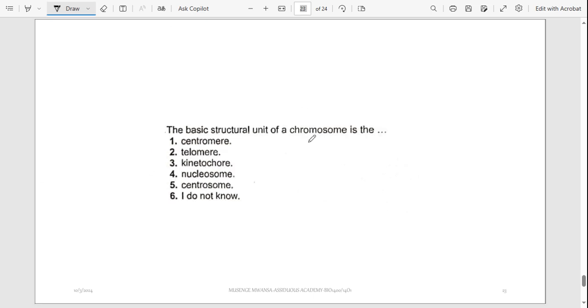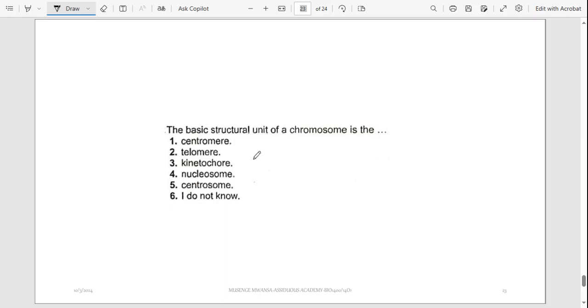The basic structural unit of a chromosome is the, okay, this one I'll allow you to answer. I'll give you 30 seconds. All right.